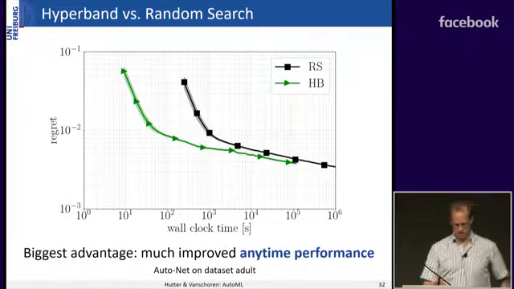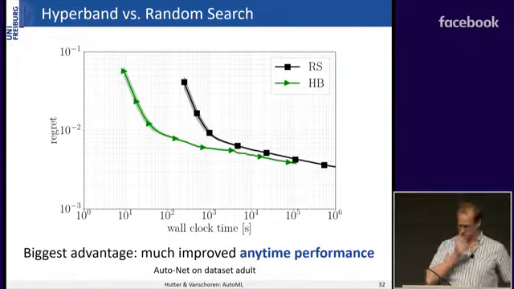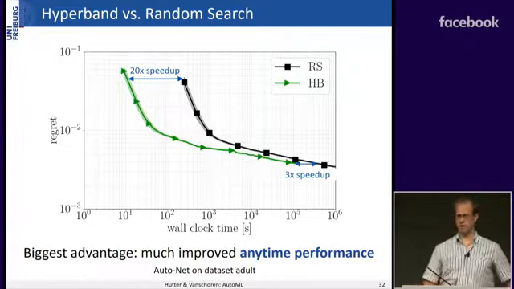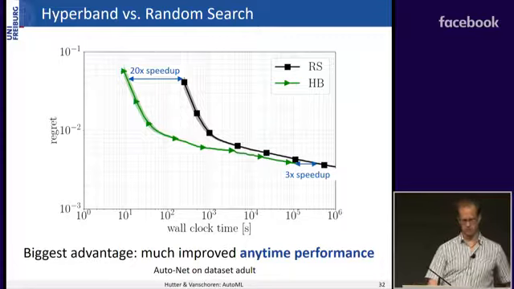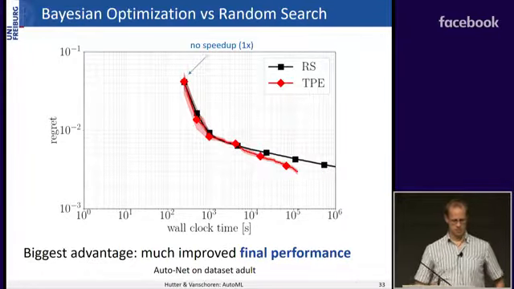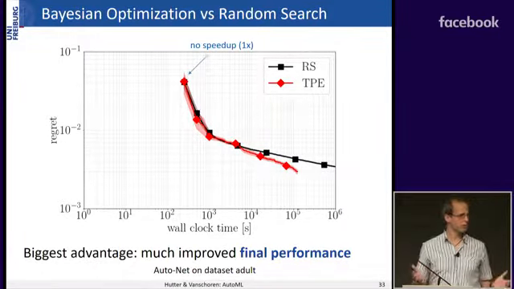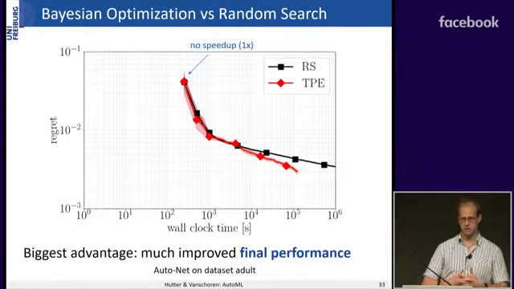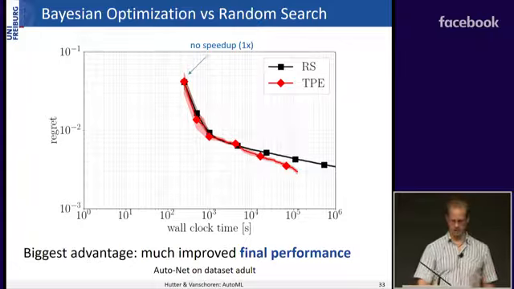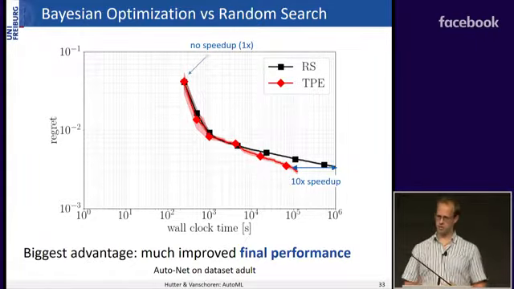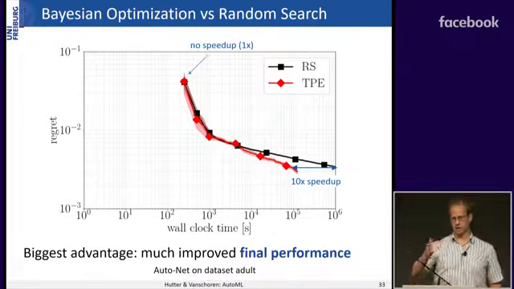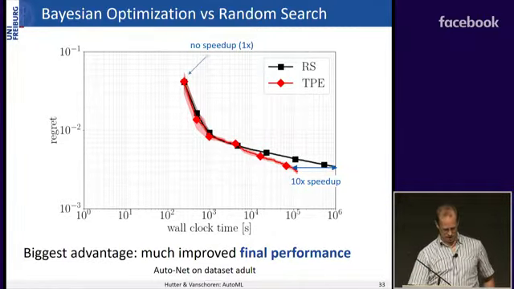Just to visualize how this works, so Hyperband versus random search. Initially, Hyperband is much faster. Given enough time, it's actually not much faster than random search. Bayesian optimization is the reverse. Initially, there's no speed up over random search because you need to explore the space first in order to figure out where the good points lie. But given enough time, you actually converge faster to the optimum. You can speed this up by doing meta-learning, and Joaquin will talk about that.